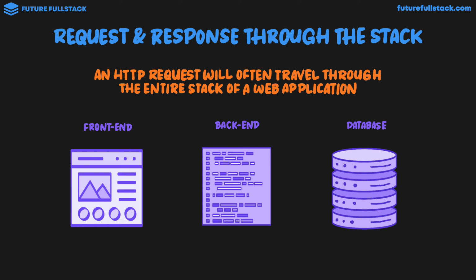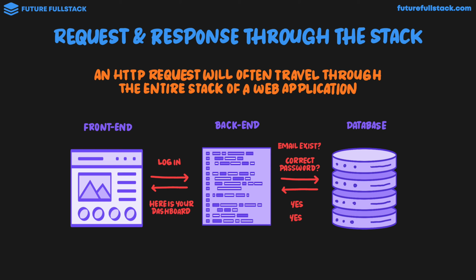Looking at a simple example of a user trying to log into their account, this request is passed from the front-end to the back-end. The back-end will then query the database to see if the email exists and if the correct password has been entered. The back-end takes the user data stored in the database and compares it to what the user has entered. If the user exists and the passwords match, the user will be sent their dashboard on the front end.